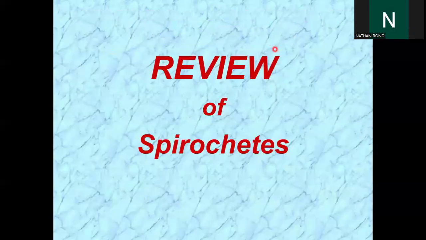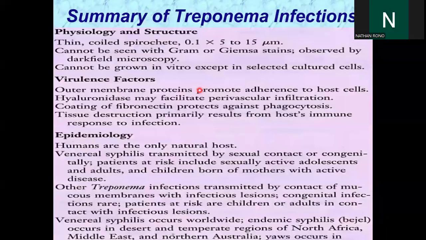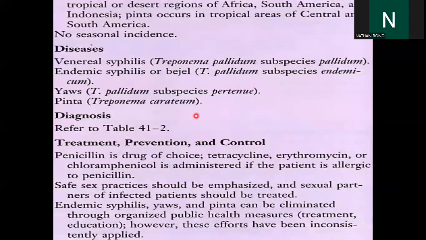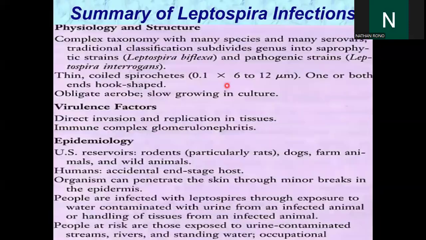And then this is a review of the spirochetes. Here they are. And summary of Treponema. Here they are. Summary of Borrelia. Here it is. And then summary of Leptospira.